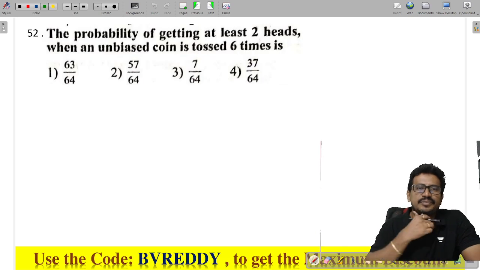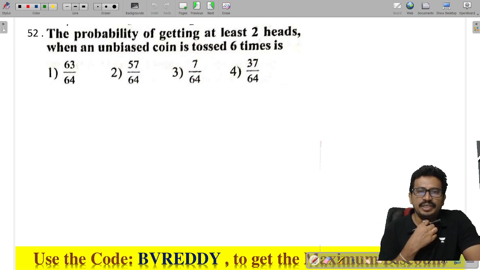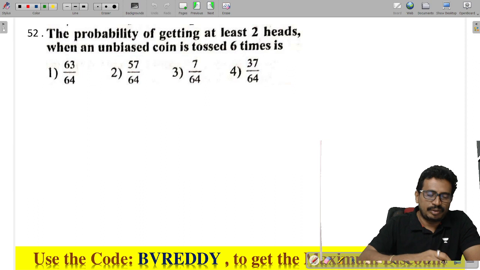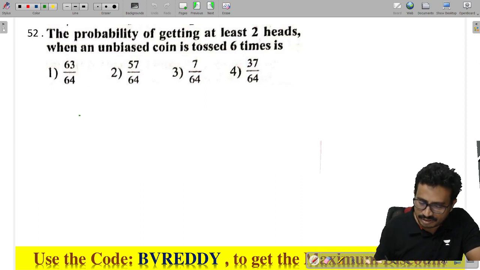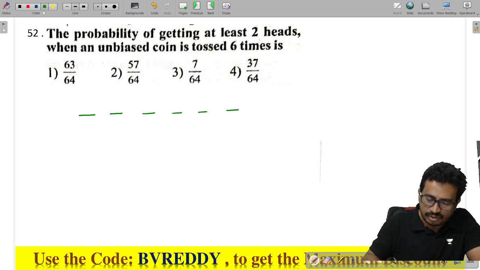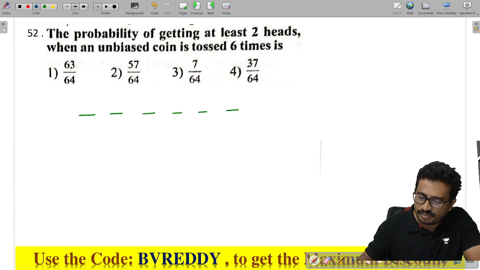Next, the probability of getting at least two heads when an unbiased coin is tossed 6 times. So we have tossed the coin 6 times. We need the probability of getting a minimum of two heads.